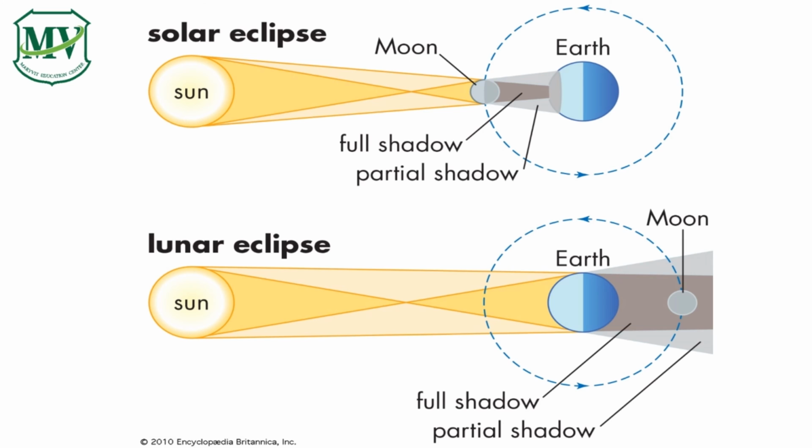Let's learn more about eclipse. An eclipse involves three celestial bodies, namely the sun, moon, and the earth. Solar and lunar eclipses are natural events, when the sun and moon's lights are partially or fully hidden from view for a brief period of time. A lunar eclipse occurs at night and a solar eclipse occurs during the day.